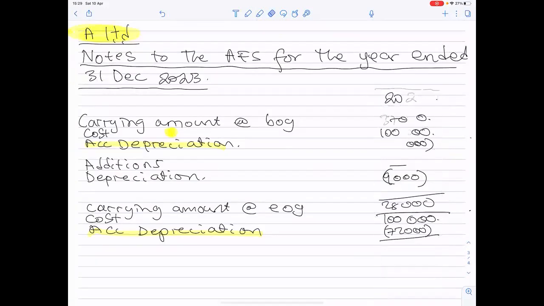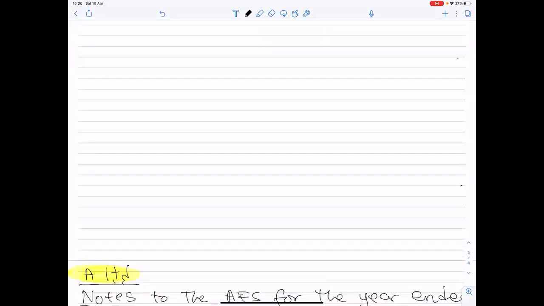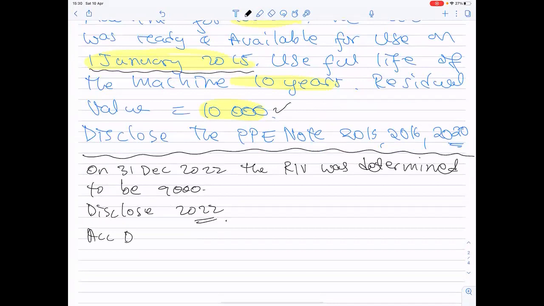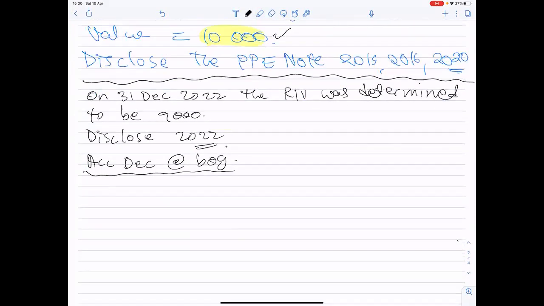Now, in the year 2022, good people, we draw our template again. Our cost doesn't change. It is still 100,000. Then we have to calculate the accumulated depreciation at the beginning of the year.